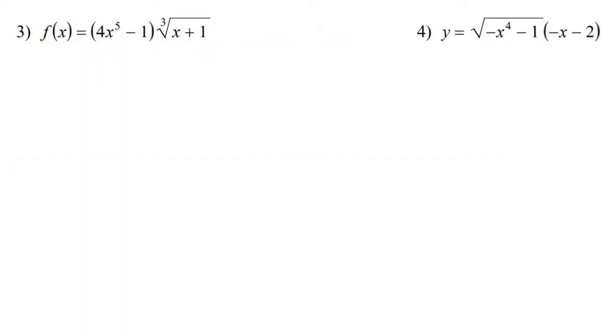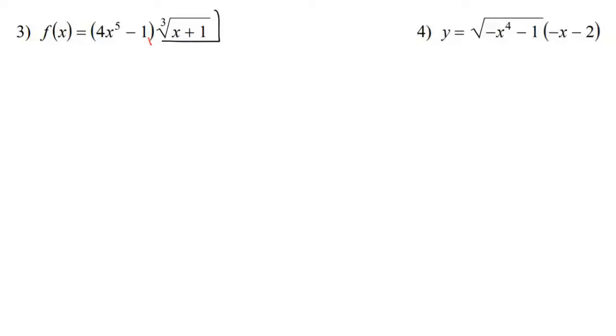Okay, let's look at number 3. So what rule does it look like we're going to have to use here? Now look at that. We definitely need chain rule because we see this. There's another rule, though, that we need. What do y'all think?